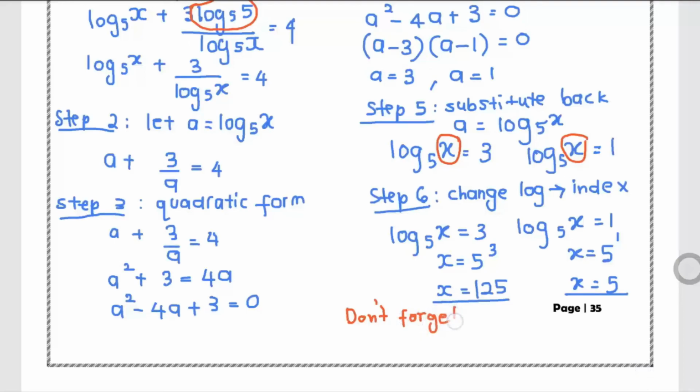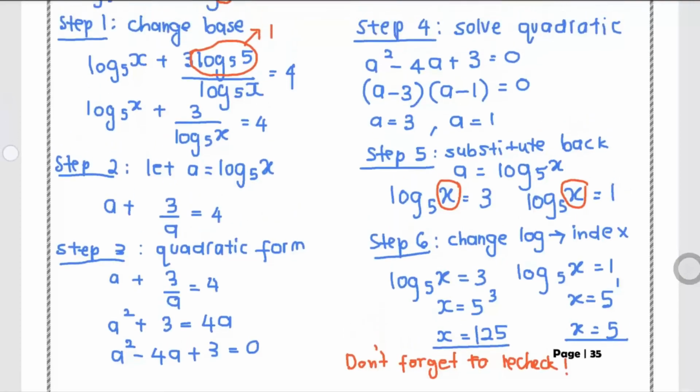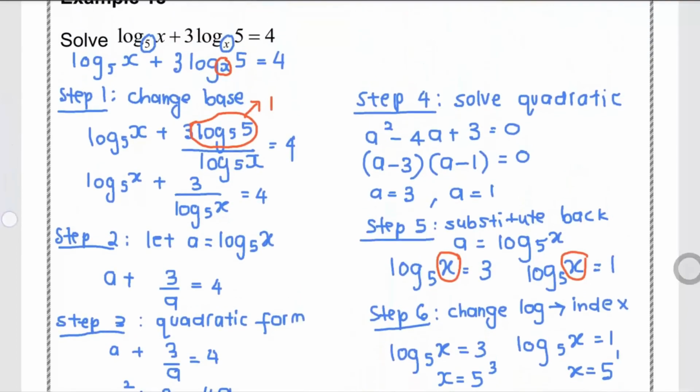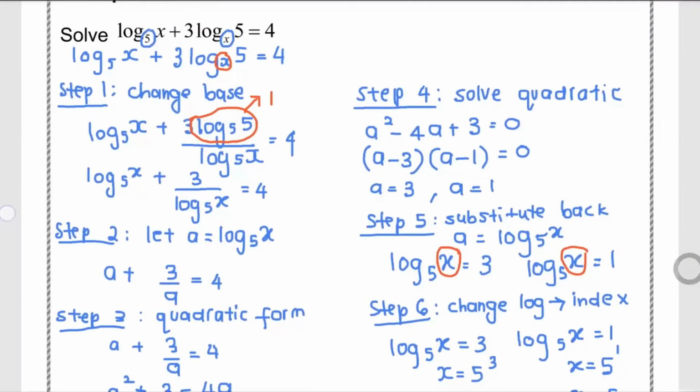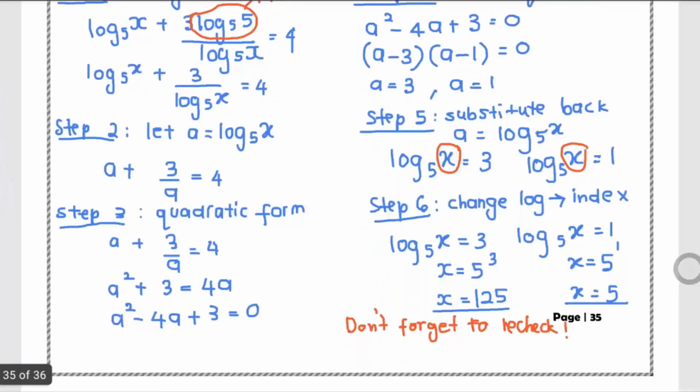To recheck our x, just simply substitute x equals 125 and x equals 5 into the original question, which is log x base 5 plus 3 log 5 base x equals 4. So we can verify that our answer is x equals 125 and x equals 5.